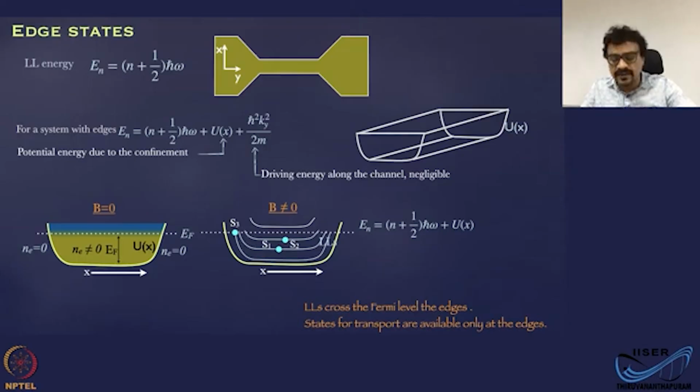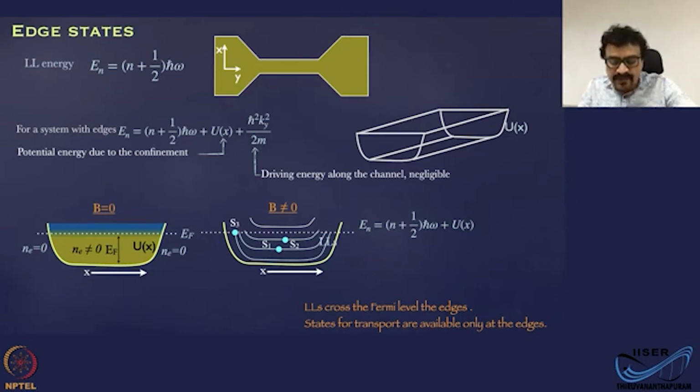Now, the energy of this electron which undergoes cyclotron motion, which we already discussed, is (n + 1/2) ħω. That is the energy of a harmonic oscillator with quantum state n. All right.